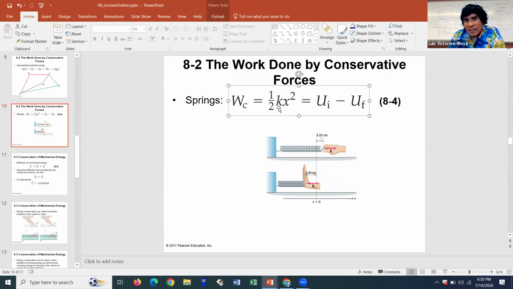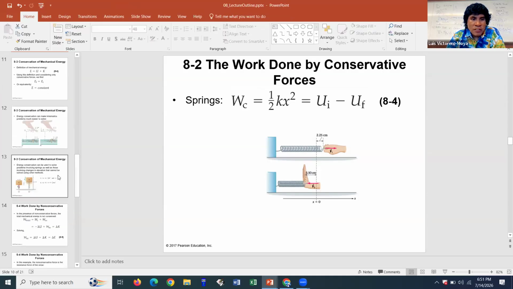Lowercase k is the constant of the spring. So this is a spring that I was talking to you guys about in the beginning of class. Any spring has a constant k and an elongation x when you extend it or compress it. So 1/2 kx squared is your elastic potential energy, or potential elastic energy. All right. And that's what you can use for this, for example.